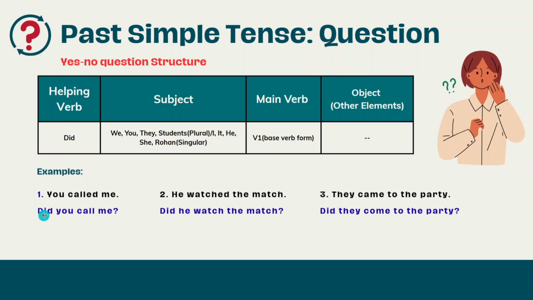I would say did, then bring the subject, then V1 of the verb called. So that is, Did you call me? Next one. He watched the match, right? How to make the question? Did he watch the match? They came to the party. Did they come to the party? These are all yes-no questions.